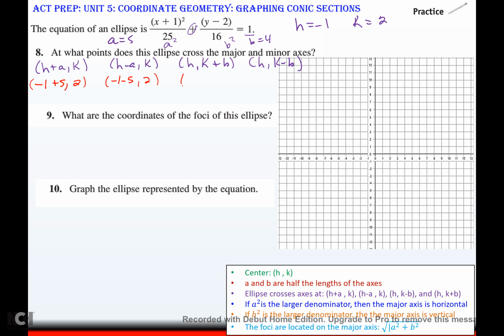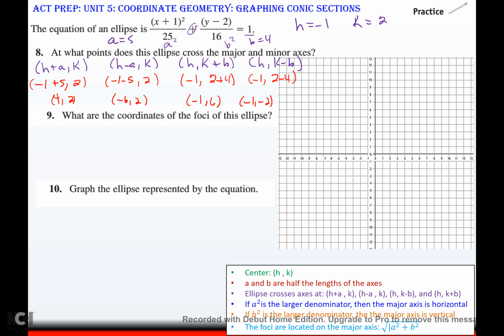Over here, I'm going to have negative 1, comma, 2 plus 4, and negative 1, comma, 2 minus 4. This is going to give me 4, 2. This is going to give me negative 6, 2. This is going to give me negative 1, 6. And this is going to give me negative 1, negative 2.